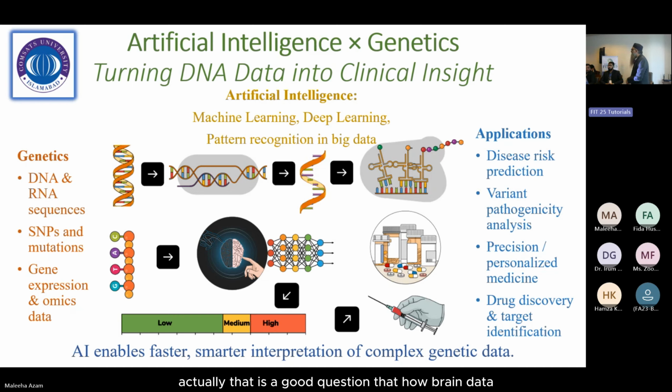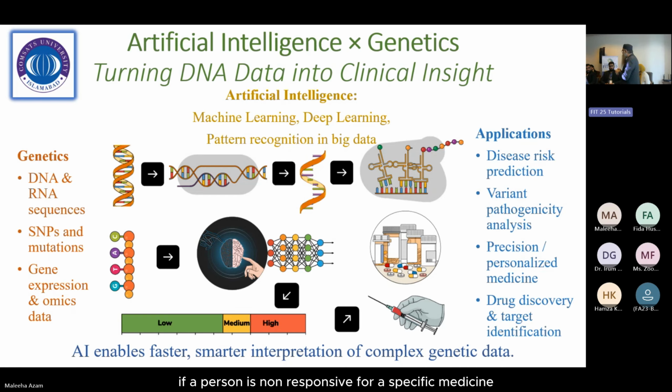Yeah, actually, very good question. How is brain imaging data relating to our data? Imaging data is very important because it is a phenotype, but when you are treating based only on phenotypic data, there might be some medicines that are not good for different persons. You might have heard about non-responsiveness to medicine.